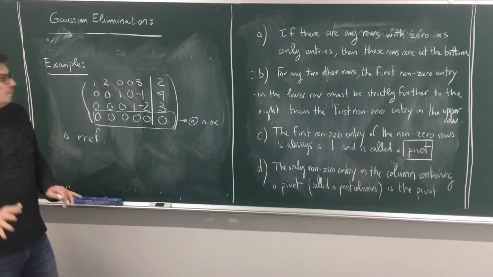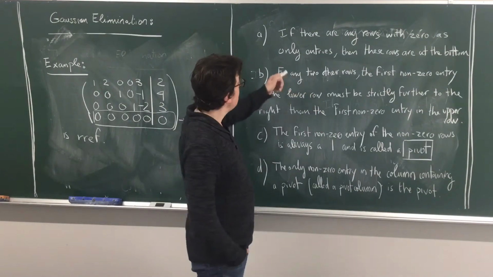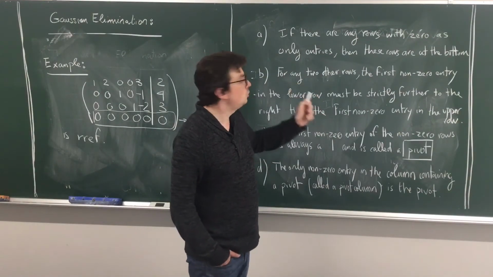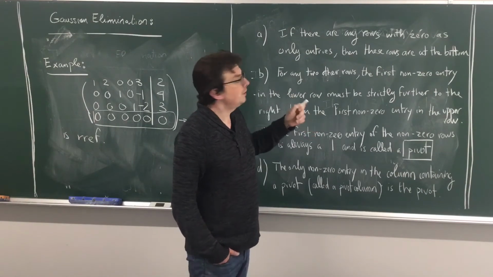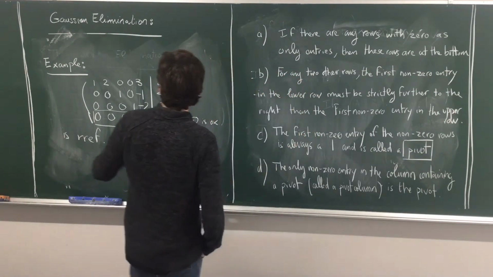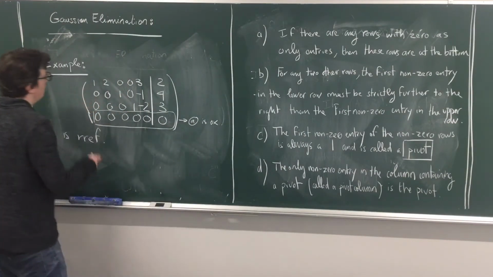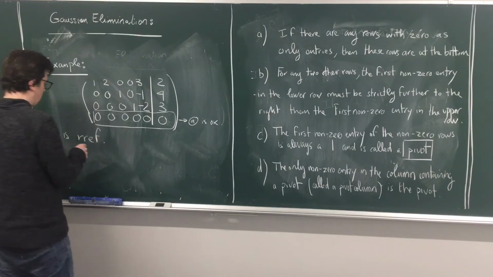What about B? B is a condition that I need to check for any two rows. So it means that I have to check condition B for any pairs of rows.